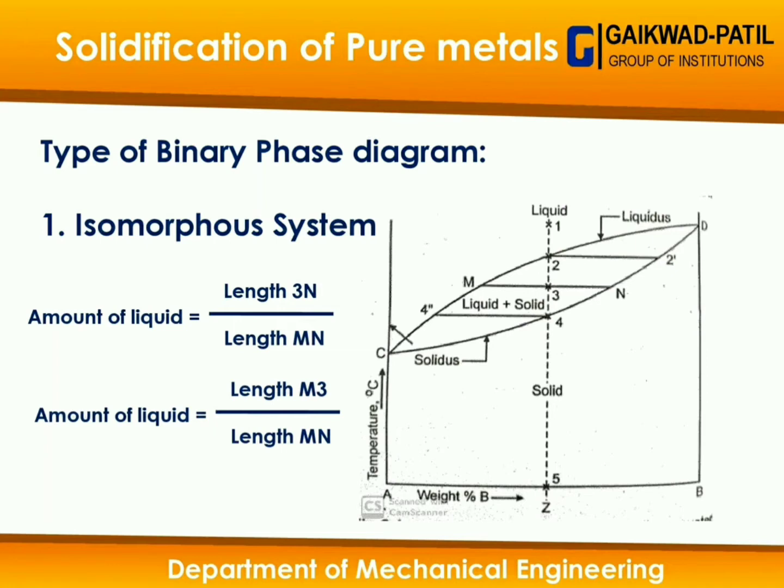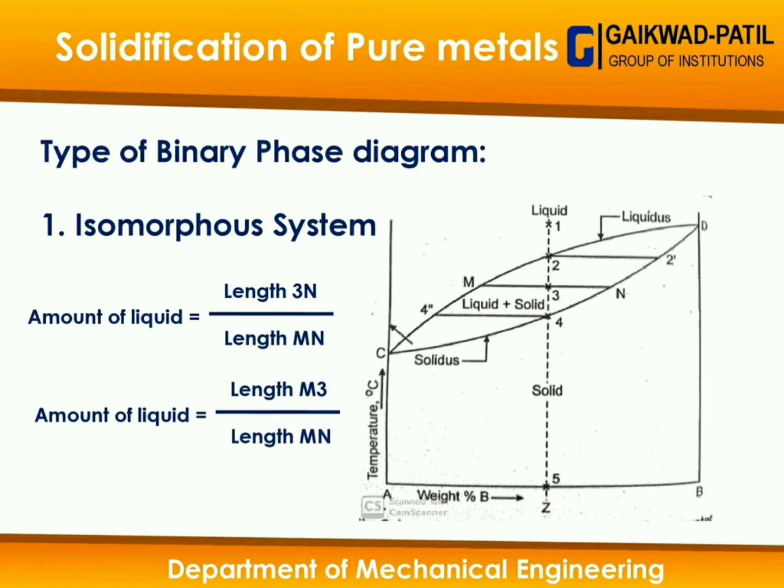The amount of liquid is the length of 3N upon the length of MN, and the amount of solid is calculated with the help of length M3 upon length MN.